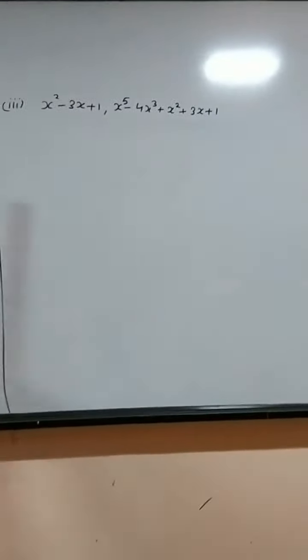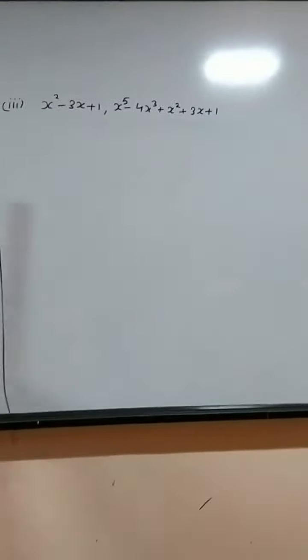Now next, p(minus 2): 2 into minus 2 cube, plus minus 2 square, 2 into minus 8 plus 4 plus 10 plus 2, minus 16 plus 4 plus 12.